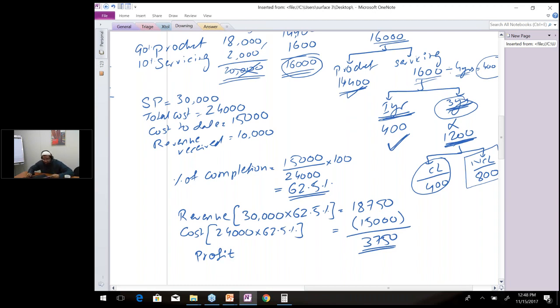Now, if you prepare the double entry, there is no difference between IAS 11 and IFRS 15 other than the name and the number. Apart from that, there is no difference. The profit that will be recorded at the year end?